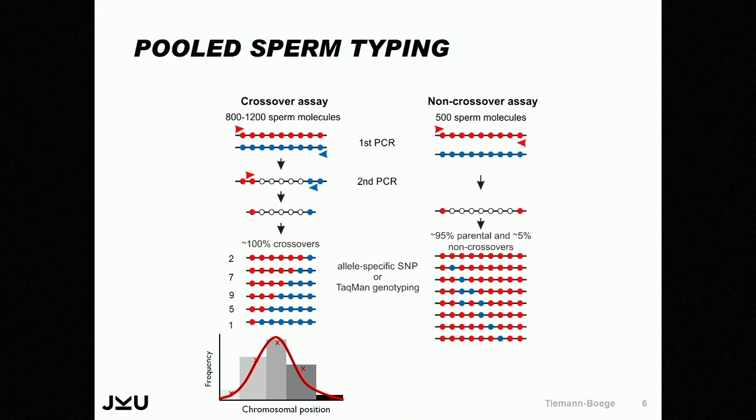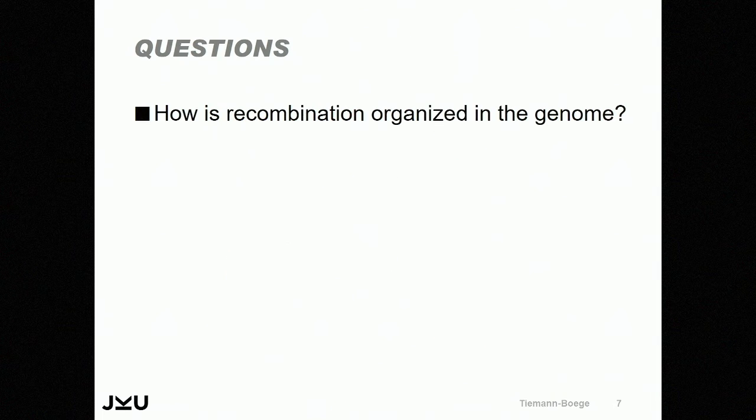You can also do this for non-crossovers, so this is a great assay to see how gene conversions or non-crossovers work. Most of our work has been based on these types of assays, just trying to understand how the DNA changes with recombination.